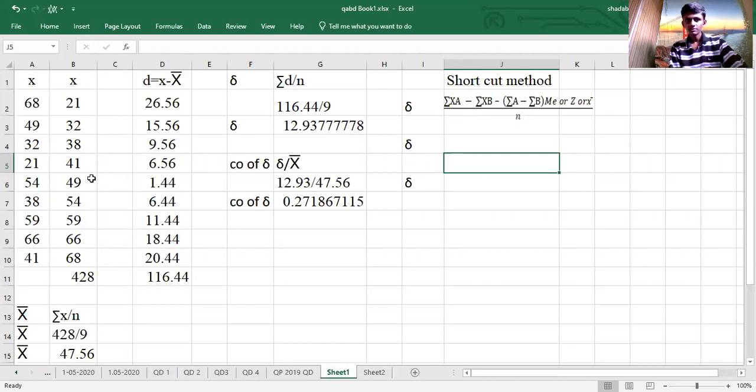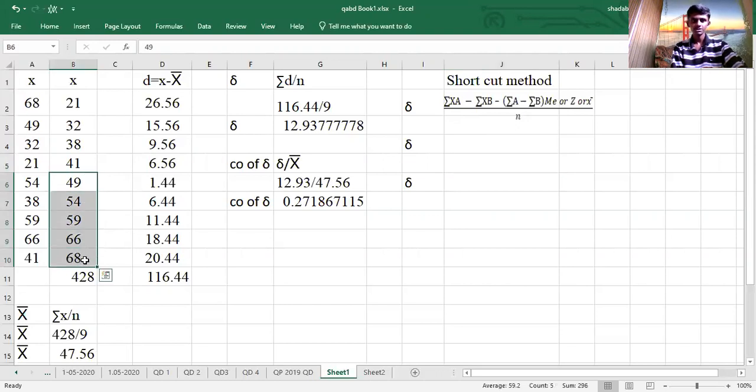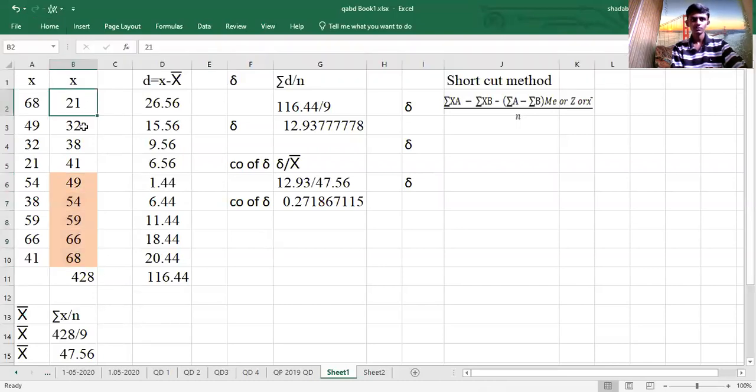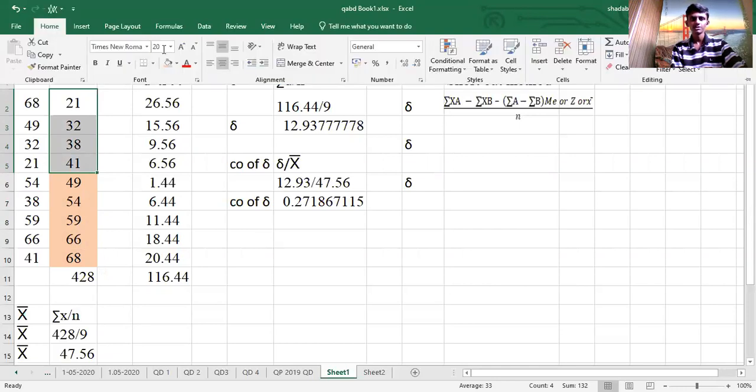The values which are greater than the average I will shade with a different color for your reference. Now the values which are lesser than the average.